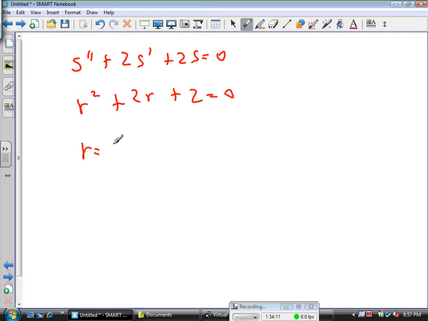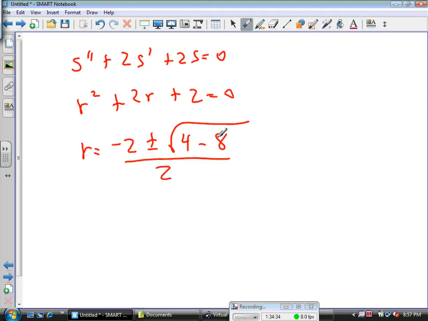How does it go? Negative b, which is negative 2, plus or minus the square root of b squared is 4, minus 4 times a, which is 1, times c, which is 2, is 8, all over 2 times a.